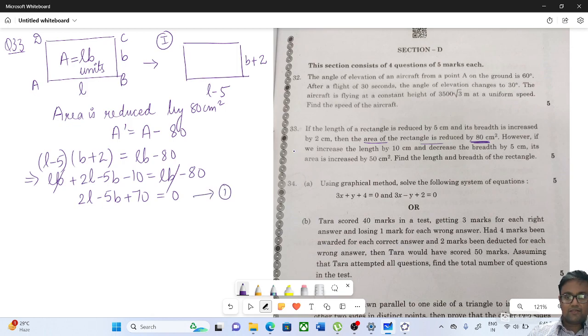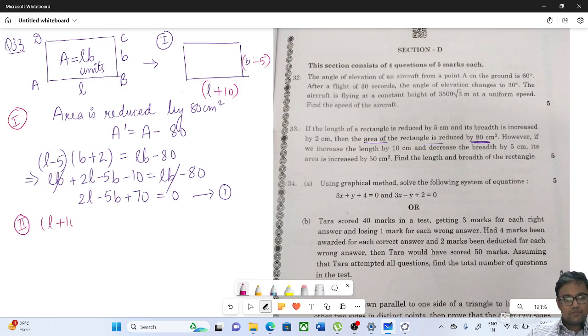If we increase the length by 10, now the length increases by 10, I will be making changes here only. The length increases by 10. So, see what is happening here, 10 units, and breadth decreases by 5 units. Its area increases by 50 centimeter square. So, case number 2, this was case number 1.